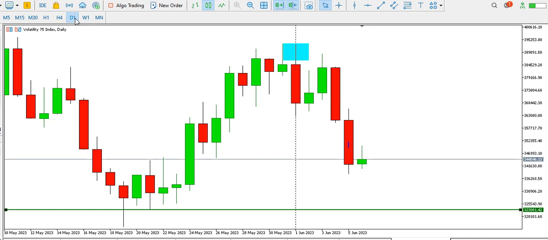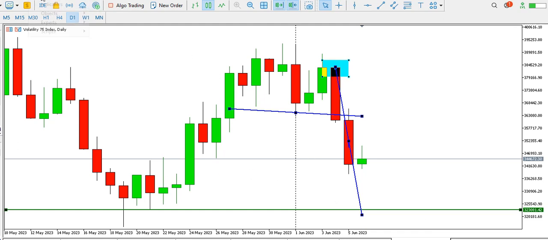So that's that for the weekly time frame on volatility 75 index. Let's take a look at what we have on the daily time frame. Price has been dropping due to the formation of this head and shoulder pattern. This is the left shoulder, this is the head, and this is the right shoulder. We have the neckline broken around here. Yesterday's candlestick was a solid drop, and with the formation of these two candlesticks, we expect price to drop to the lower level.